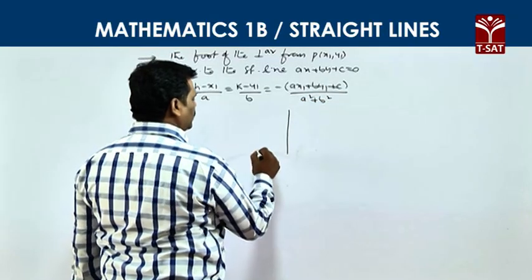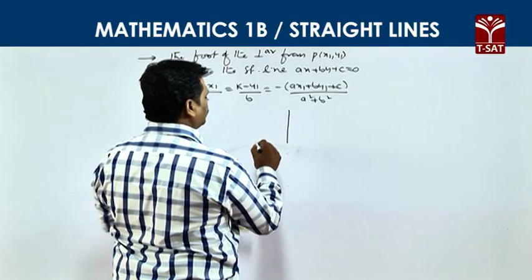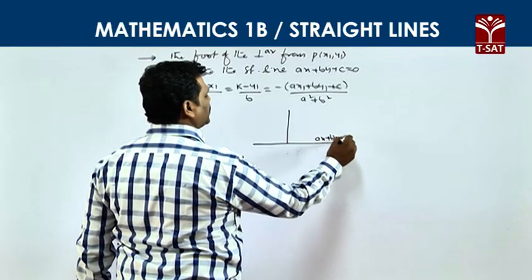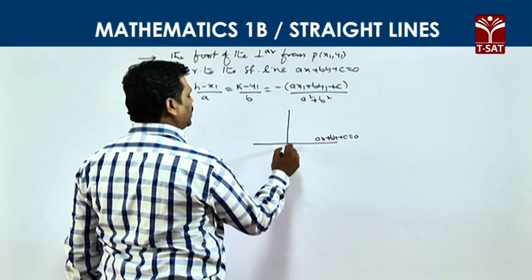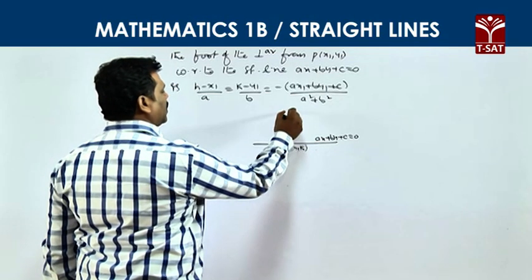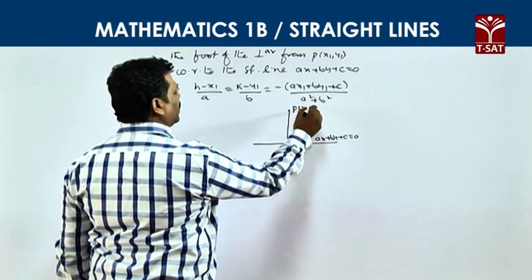So here this is the given straight line ax plus by plus c is equal to 0.